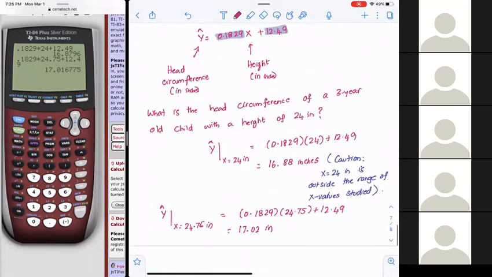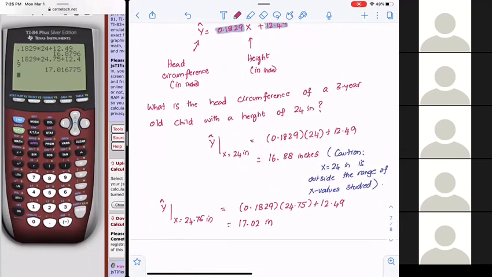So even though 24 inches is reasonable, when x is 24 inches, the value of y that we found to be 16.88 inches is reasonable, we have to be careful because we did not study that specific value of height in our data.